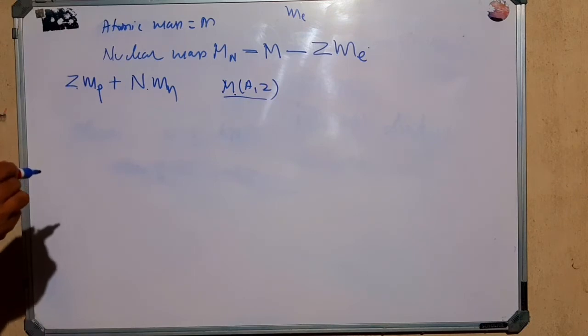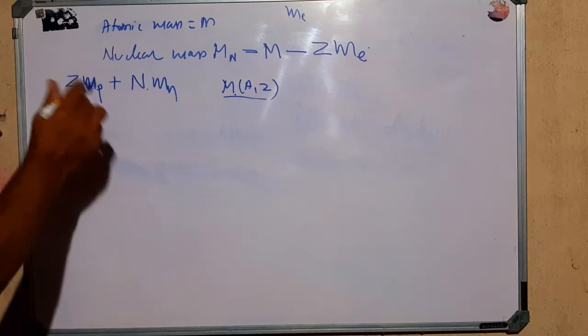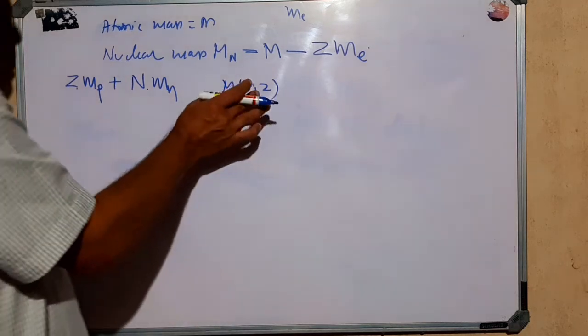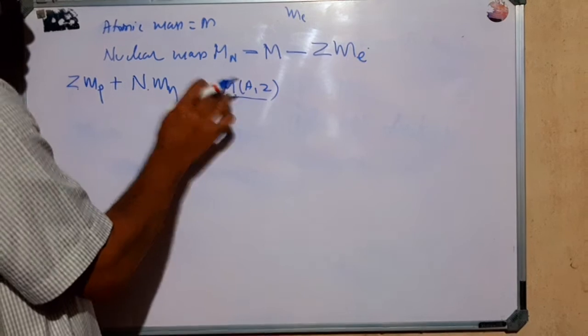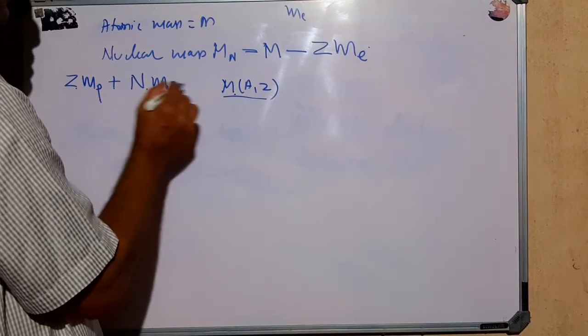Whether it becomes the same, when you ask this question and compare the theoretical value and experimental value, we observe that the experimentally determined mass of the nucleus is less compared with this sum.